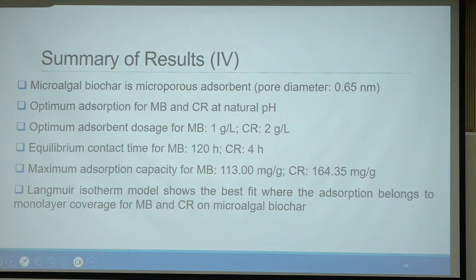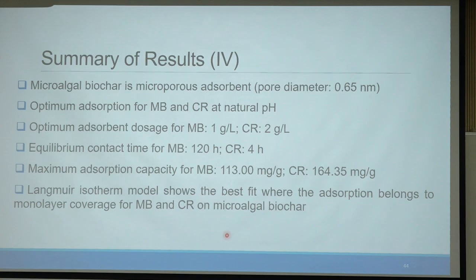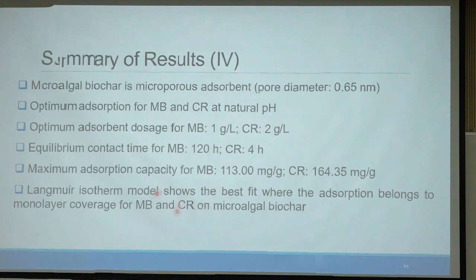The dosage is 1 gram and 2 grams per liter for methylene blue and Congo red respectively. The effective contact time is 120 hours for methylene blue and 4 hours for Congo red. And the maximum absorbent capacity is 113 milligrams per gram, and also 64 milligrams. The Langmuir model is the best fit, with monolayer absorption for our biochar.